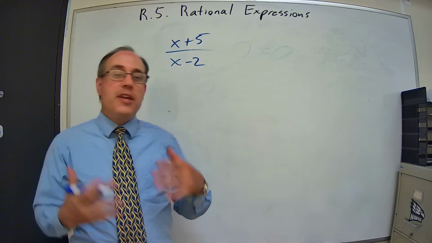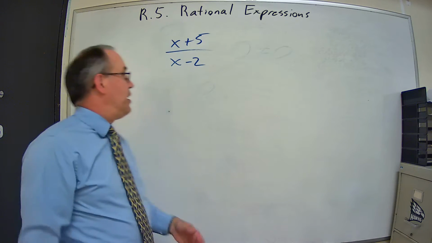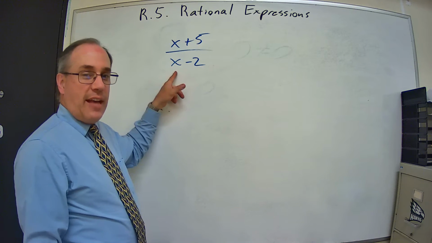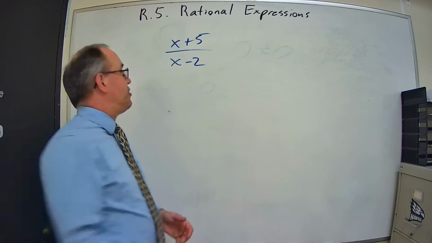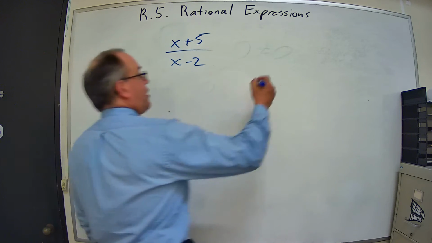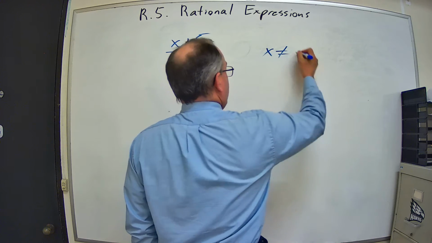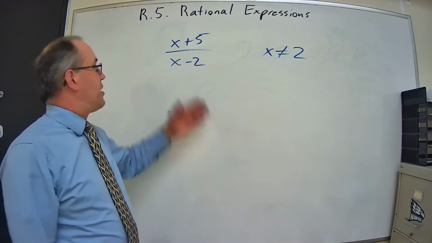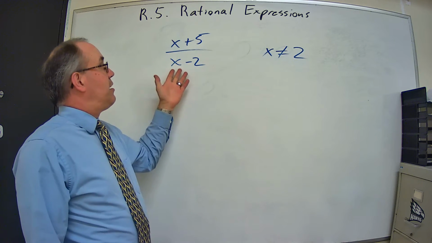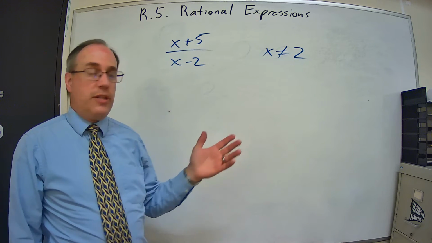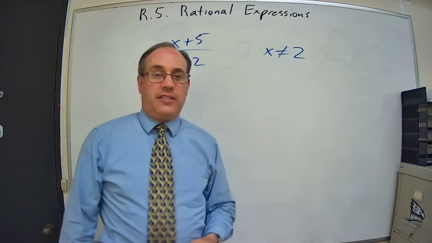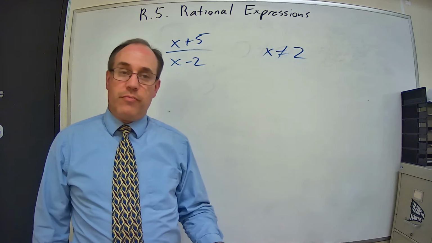And I know you're screaming at me while looking at the screen saying, Mr. Davis, it can't be allowed that x is 2. Because if x is equal to 2, then we're going to have 2 minus 2, we're going to have 0. So obviously, yes, x cannot be allowed to be equal to 2 because that would make the denominator 0. So therefore, the domain of this rational expression is all real numbers such that x is not equal to 2.